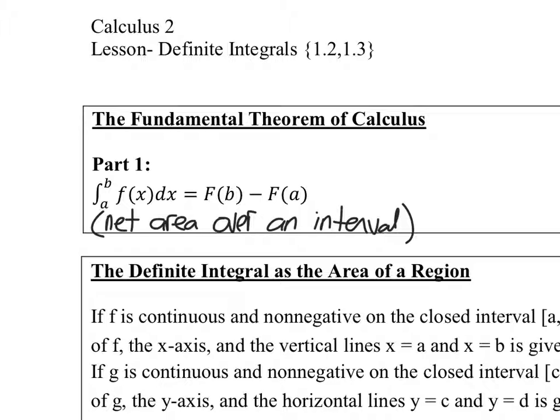Specifically bounded by the function and the x-axis or the y-axis, depending on how the function is organized. All right? But that's a lot to write, so I'm just going to leave it as the net area over an interval. And we'll discuss in more detail what that means specifically.